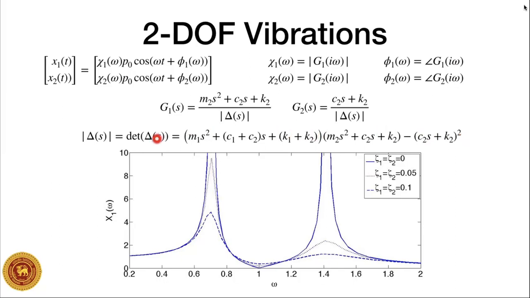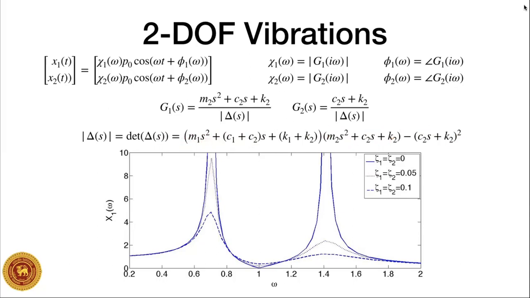And if you replace s with i omega, you get a polynomial in i omega. Now, in the case where the damping is 0, this will be 0, and that will be 0, and that will be 0. And what we would notice is that we have a fourth order polynomial in omega. Or in other words, we will have a second order polynomial in omega squared if the damping is 0.